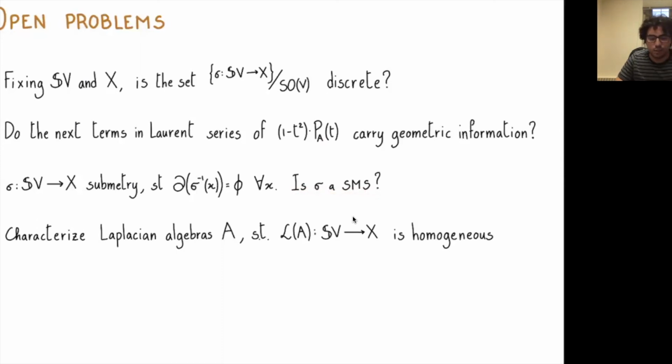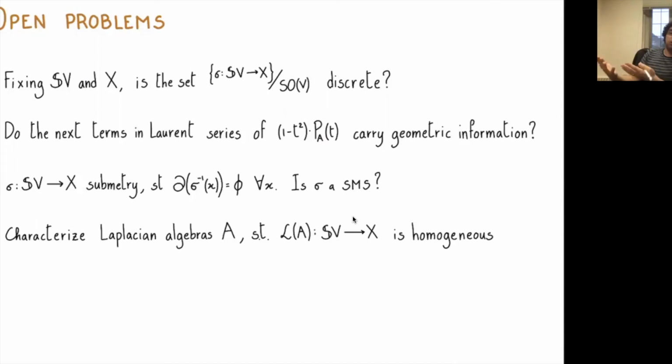And the final thing would be to understand, once again, we have a one-to-one correspondence between Laplacian algebras and manifold symmetries. Now, sometimes the manifold symmetries are homogeneous. And as of right now, there is no way of telling just by looking at the algebra invariant whether the algebra is coming from a homogeneous manifold symmetry or from a group action.